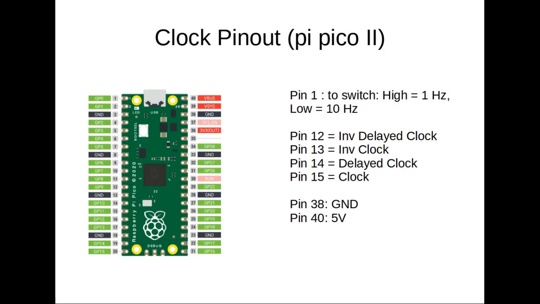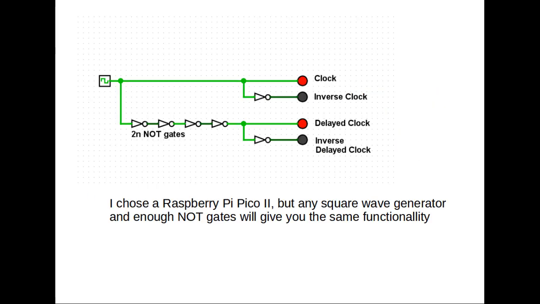Here I give the pinout of the Pico I used, and the program will be in the Google Drive. If you want to be more purist, you can make your own electronic transistor based setup. You need an oscillator, and you need a number of NOT gates, and you can follow this schematic. A NOT gate will use some time, not much, but if you use 20 you will have enough delay.